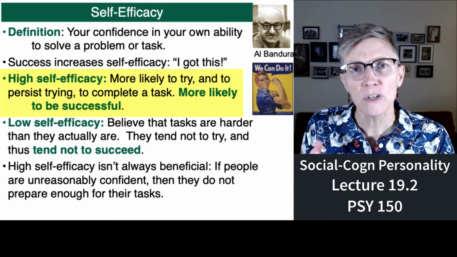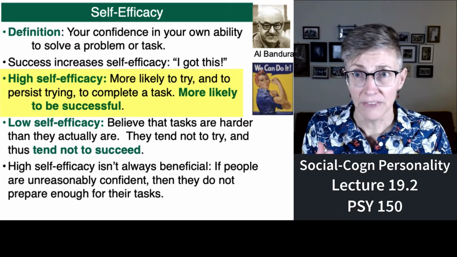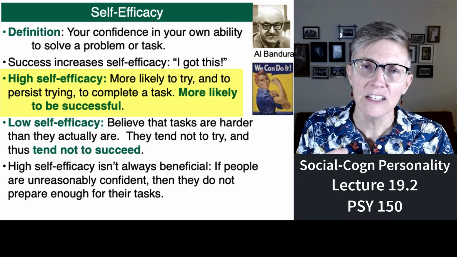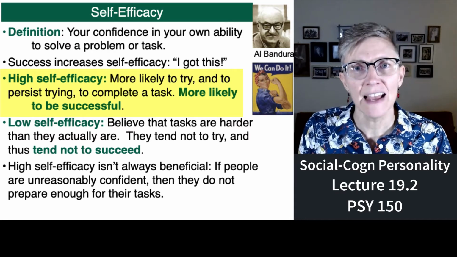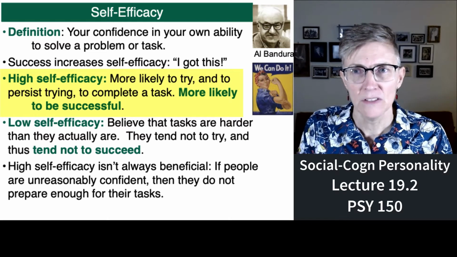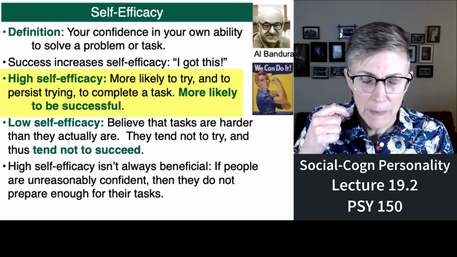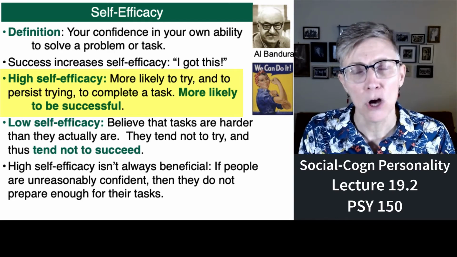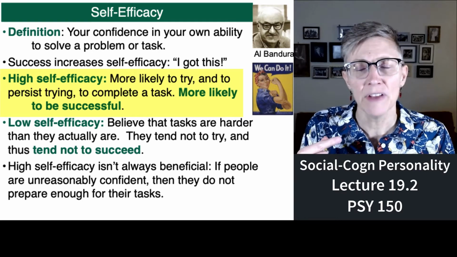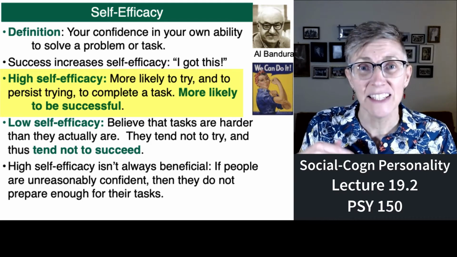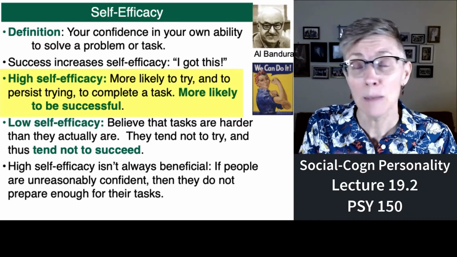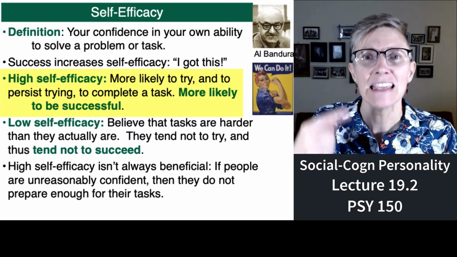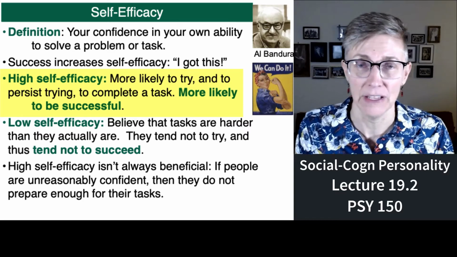And people who experience high self-efficacy are more likely to continue working on a task if they fail, right? So they keep going. So because they're more likely to keep going, people with high self-efficacy are also more likely to succeed. Not because they fail, but because they keep going after they fail.